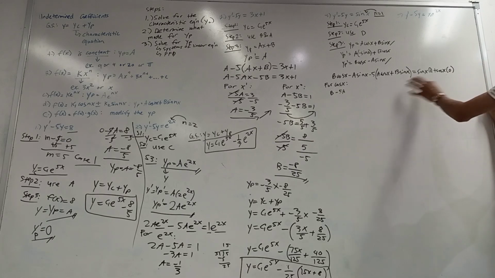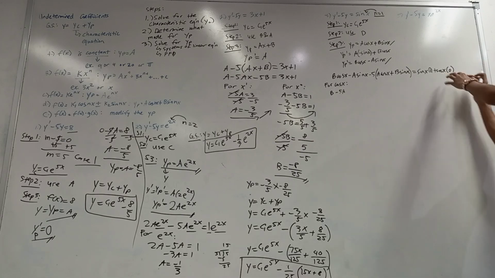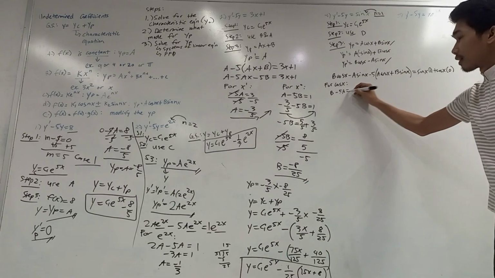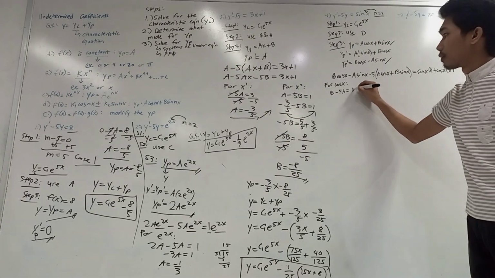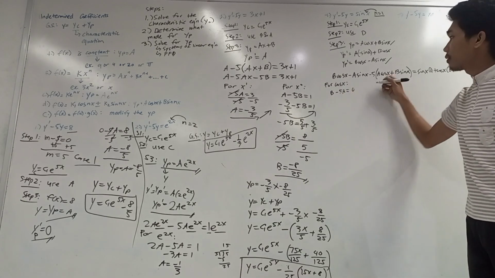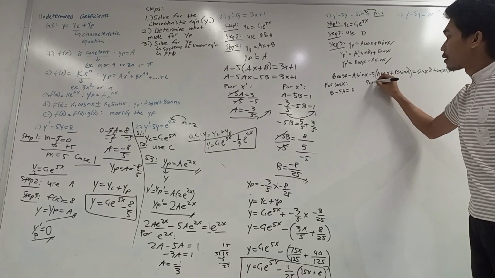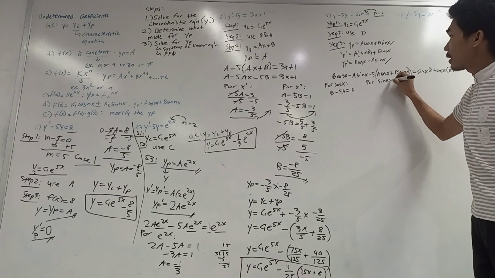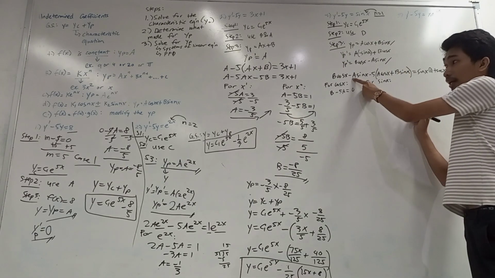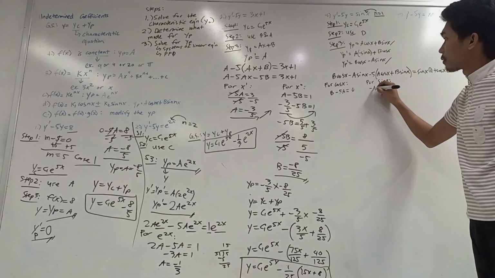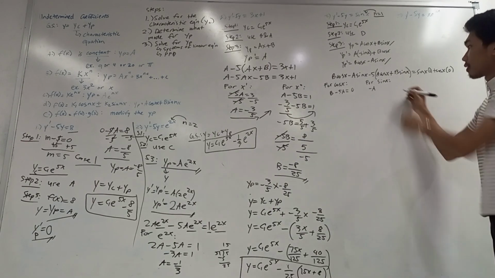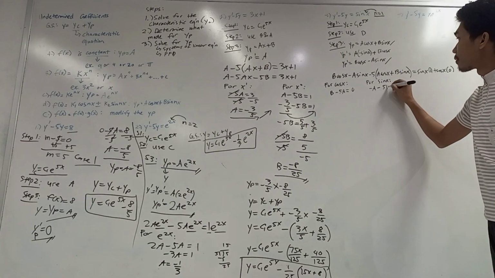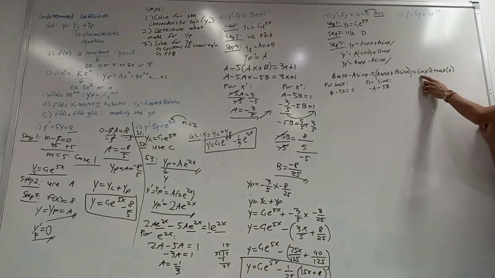So meaning, dahil 0 times cos x is 0, yung constant ng cos is yung 0. So first equation, then for sin x, meron tayong negative a and then meron tayong negative 5b equals to yung constant ng sine which is yung 1.